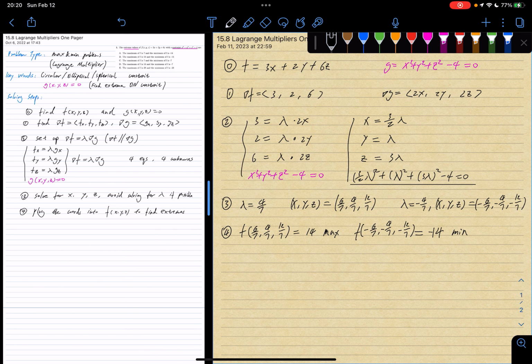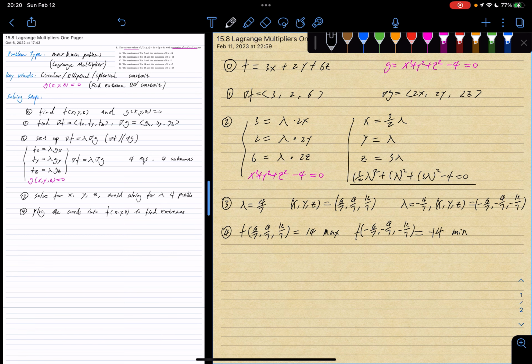So the process again is straightforward, but you just need to know what type of question you're looking at, right? I hope as you watch my videos, you start to see the importance of identifying the type of problem you're looking at and applying the correct solving techniques. So in the case of Lagrange multiplier, the constraint needs to be circular, elliptical, or spherical, and the question is asking you to find the extrema on the constraint.